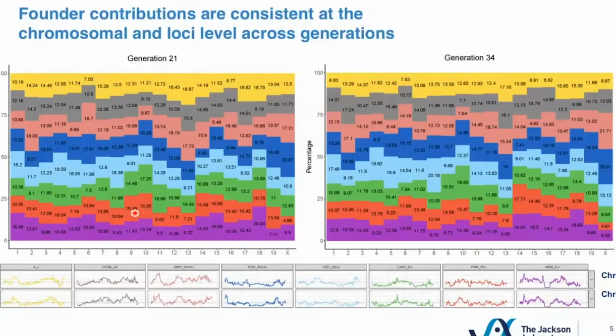We can also dive a little bit deeper into this data, where we can look within an individual chromosome. Each one of these panels shows the colors of the different founders within only chromosome 2 in generation 21. What this shows you is the spark plot of contribution across the length of that chromosome.